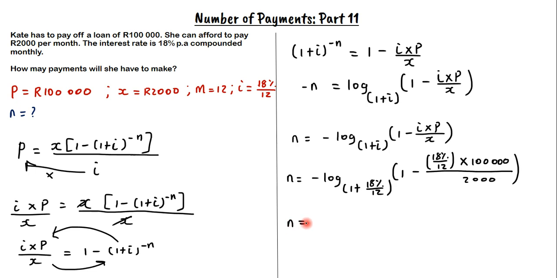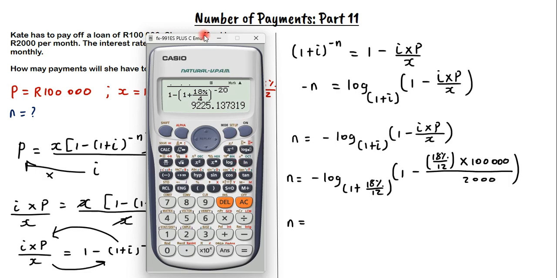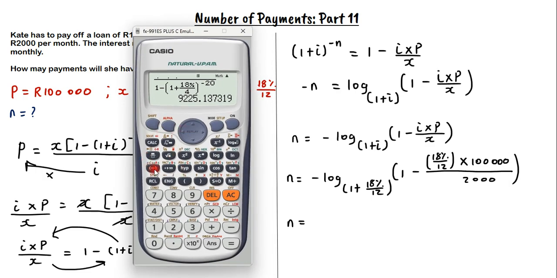Now let's see what this gives us. Going to our calculator, we say negative log, and then we put in 1 plus 18% over 12, close that, and then we have 1 minus our fraction, open bracket, 18% over 12 times 100,000 rands over 2,000 rands.